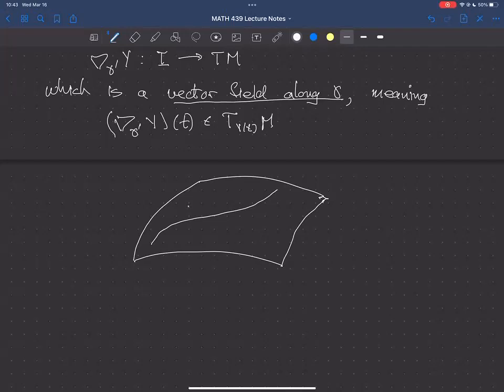Let me draw y in, and it does whatever it does. In particular, at points along the curve gamma, there's a tangent vector like so.